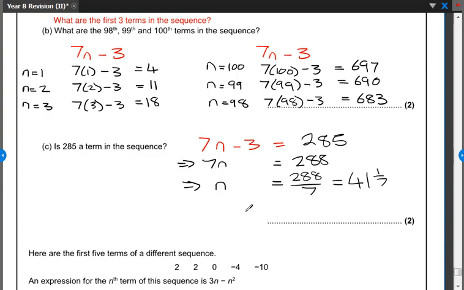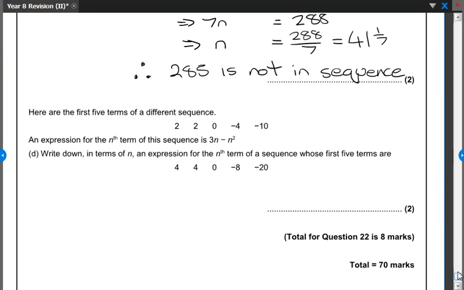So because this is not a whole number, therefore 285 is not in the sequence. Not in sequence. We don't like writing too many letters or words in maths.